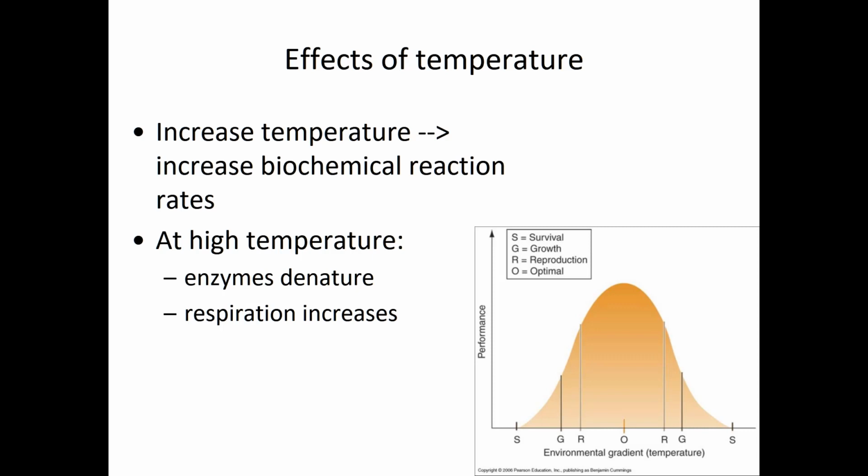Now, these thermal performance curves are traits that vary across different locations, that vary across different species. Plants that are adapted to really hot environments tend to have thermal performance curves that are shifted to the right. Plants that are tolerant of very cold temperatures typically are not tolerant of warm temperatures, and so their thermal performance curves are shifted to the left.